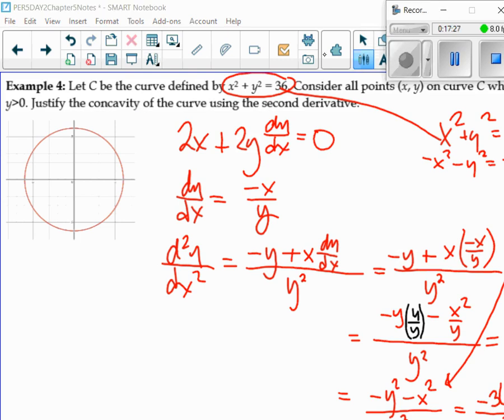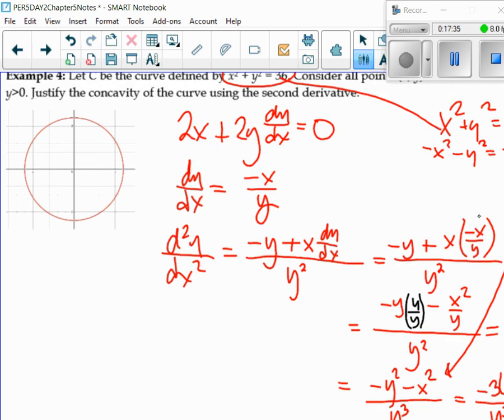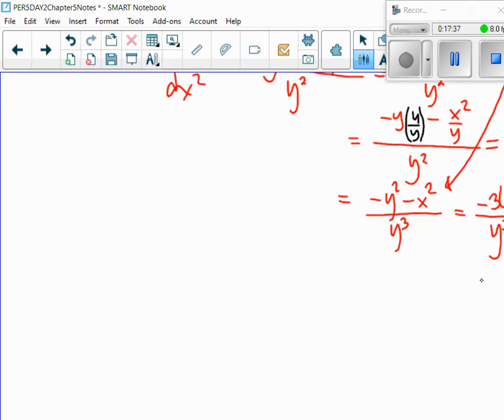It's saying in the question that y has to be greater than 0. So if that's the case, if we have a negative 36 divided by a positive, what is it going to be? Therefore, d squared y over dx squared is going to be less than 0 everywhere, right?